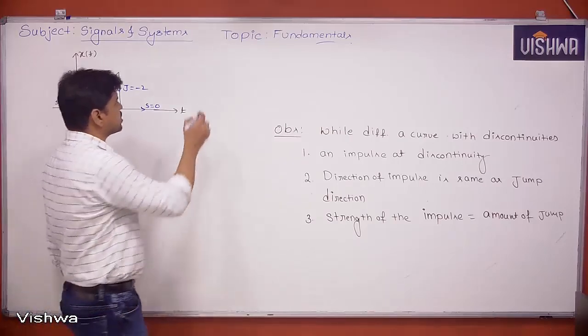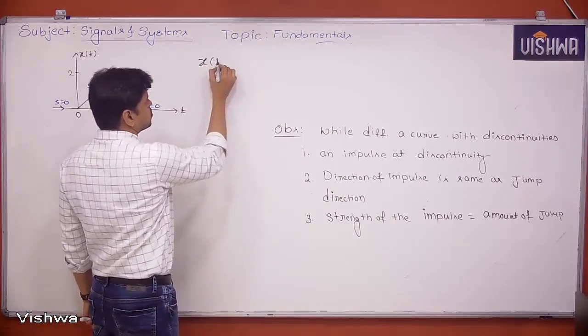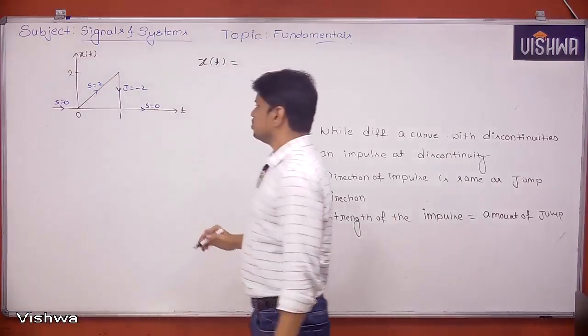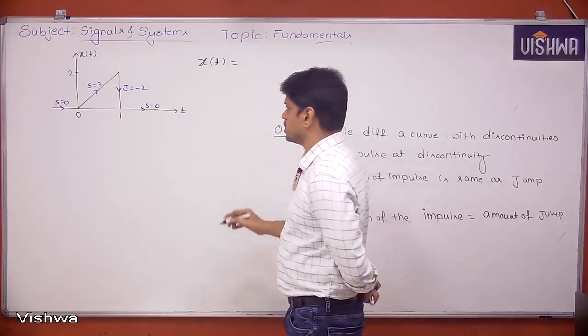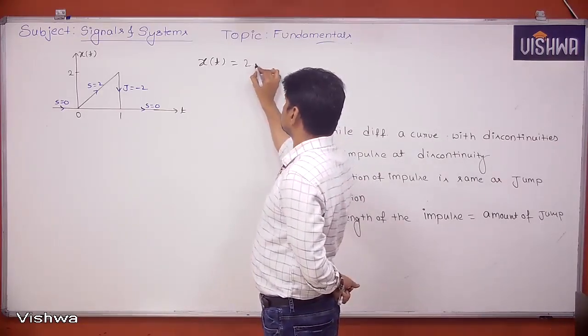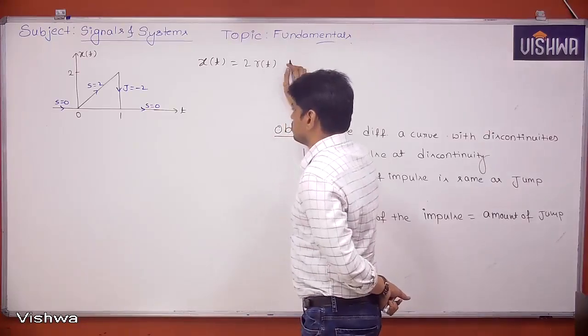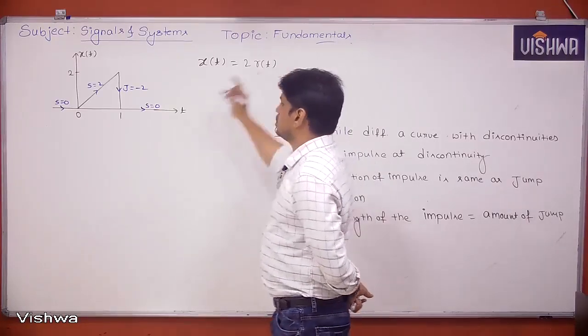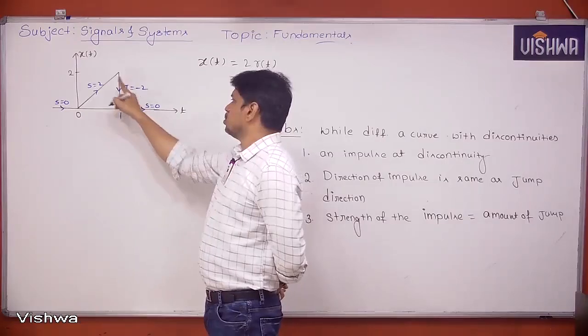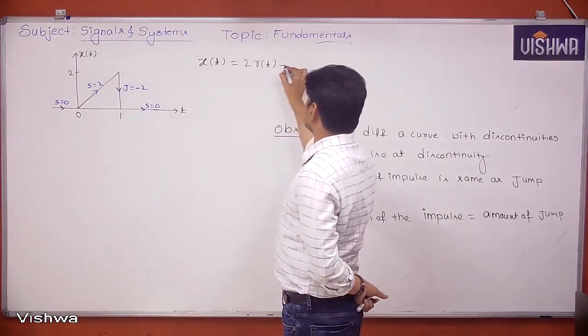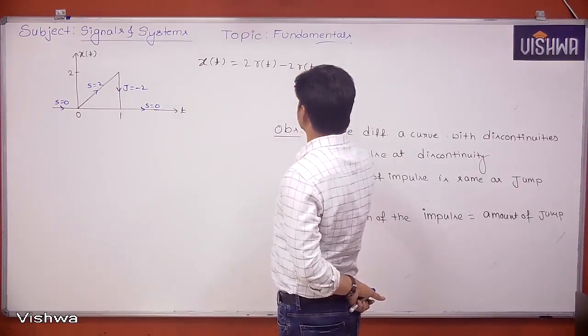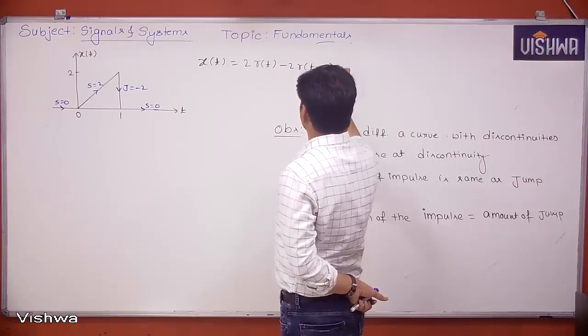So how we can write x of t now? x of t is equal to, at 0 we have to write only a ramp function. How much is the slope change? 2 r of t. At 1, slope change 0 minus 2, minus 2 r of t minus 1.